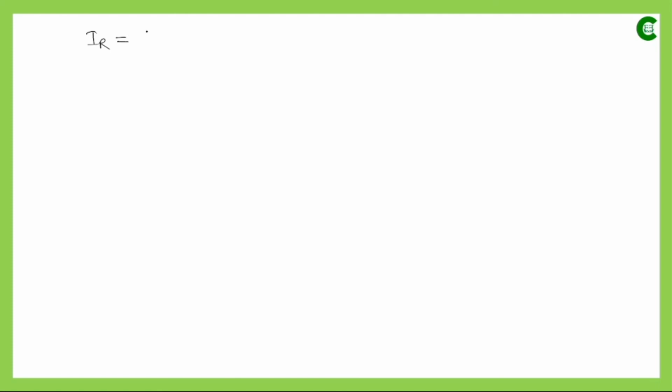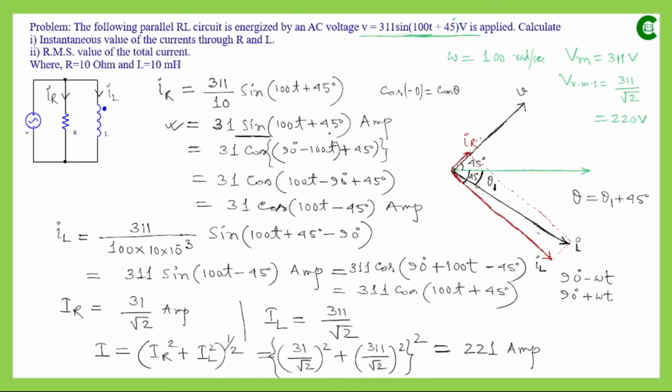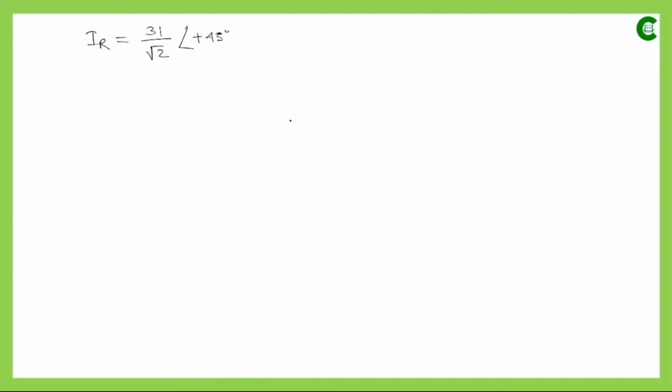So in that case, IR can be calculated as 31 by root 2, and we have to consider the phase difference. In case of IR, the phase difference was 45 degrees, so we have considered that value. And in case of IL, it was minus 45 degree, so it will be 311 divided by root 2, and then that angle will be minus 45 degree.